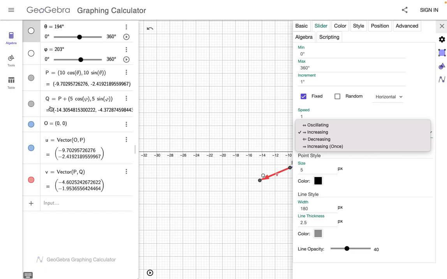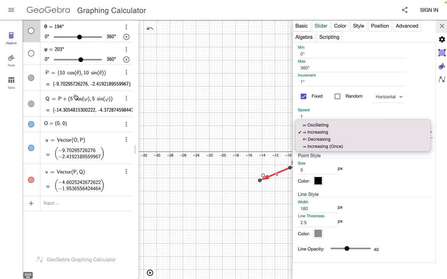However, since point Q is defined in the fourth equation in terms of P, point Q, or the vector PQ, will rotate about point P. That is the concept behind rotating a point about another moving point.